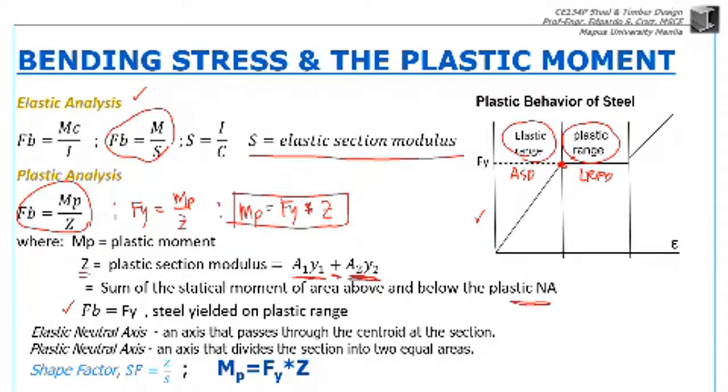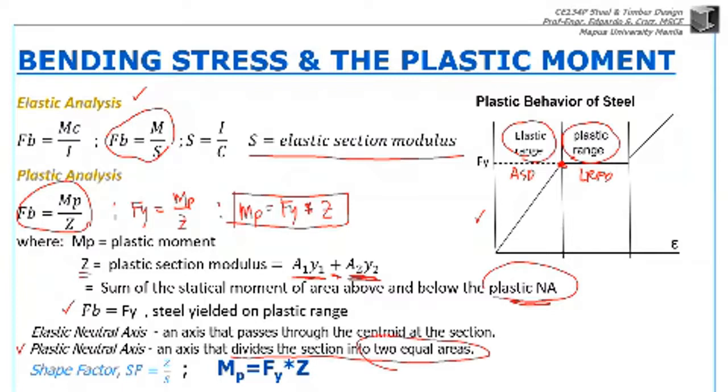It is very important for us first to locate the plastic neutral axis. The plastic neutral axis is the axis that divides the whole section into two equal areas.